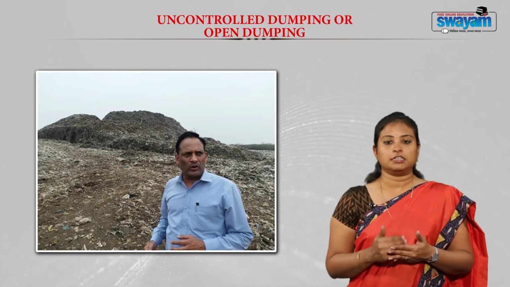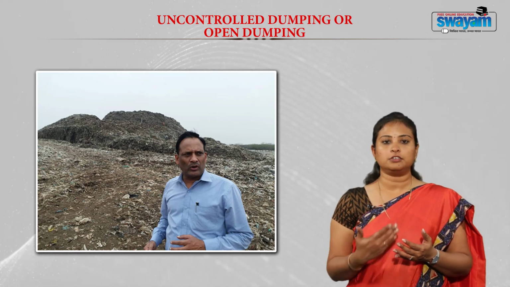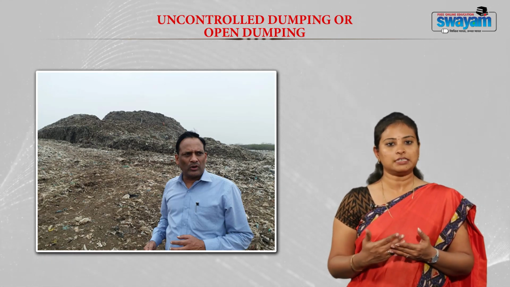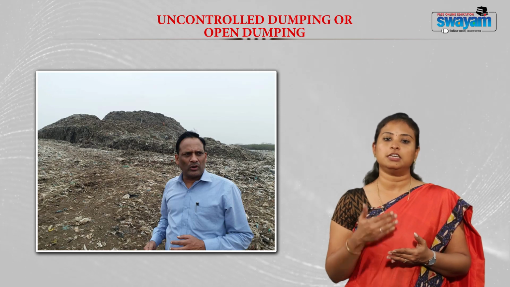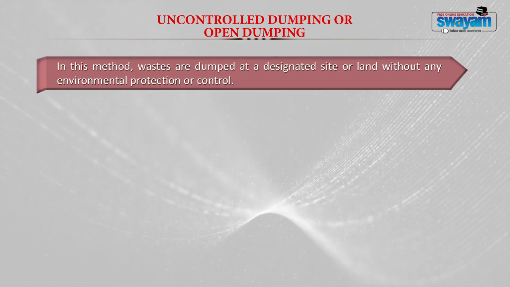Now, let us discuss what uncontrolled dumping is and what problems are associated with open dumping. Uncontrolled dumping is also called open dumping. It is one of the most common methods of waste disposal and it is practiced in many parts of the world, especially in the developed and the developing countries. Wastes are dumped at a designated site.